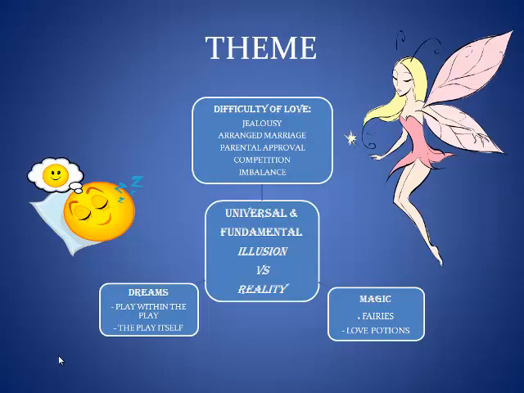Is there any difficulty in loving a person? Yes, says Shakespeare through this play, A Midsummer Night's Dream. And the sub-themes or the supporting themes are magic and dream, which depict the illusionary world, whereas the difficulty of love depicts the real world.